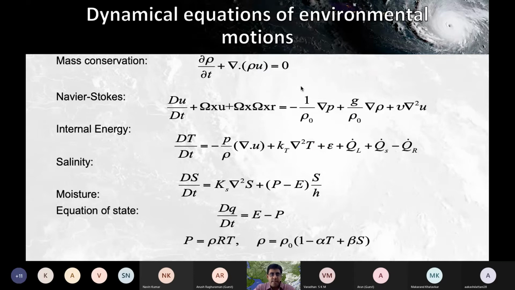This is the only mathematical slide that I have. I just wanted to show you the types of equations that are solved in the weather models. You have mass, the momentum equation, the energy equation, salinity, which is for the ocean, moisture, which is for the atmosphere, and the equation of state, which is for pressure.